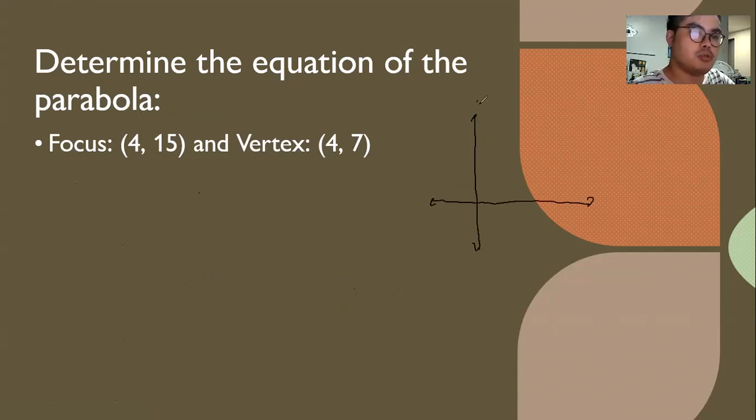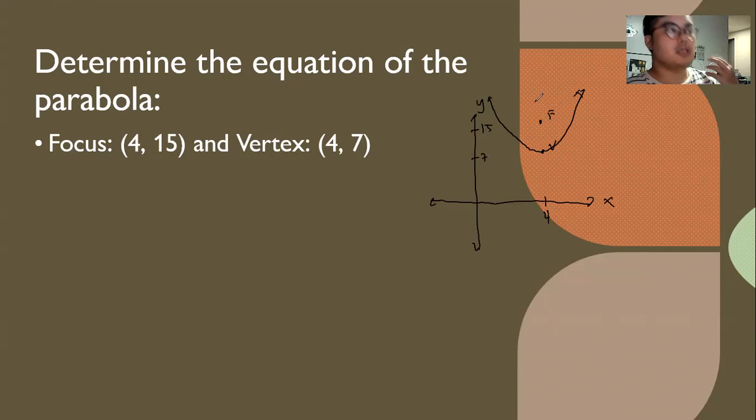Okay, so this is my strategy, so that I won't have difficulty determining if it is vertical or horizontal. Okay, so since our vertex is lower than the focus, we can tell that the parabola opens upward.